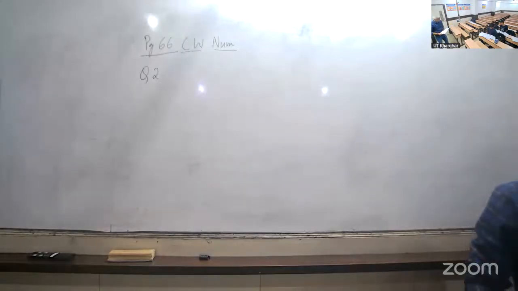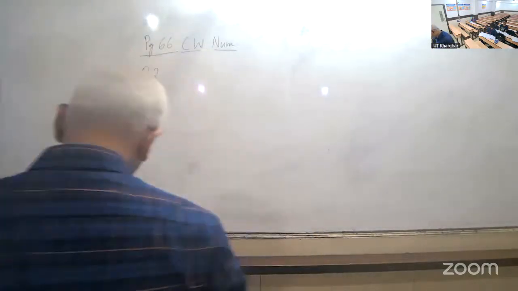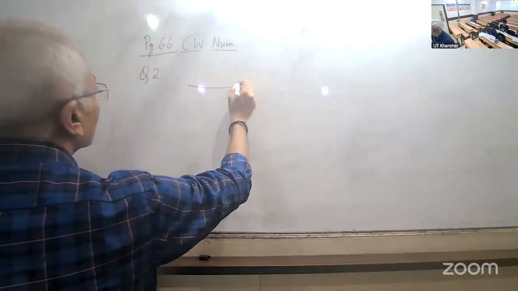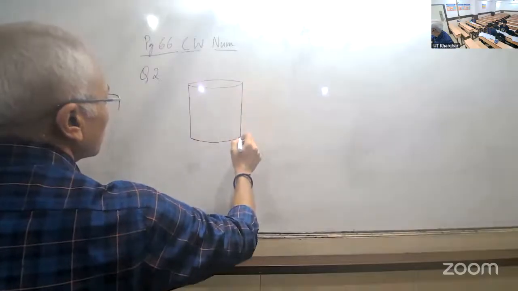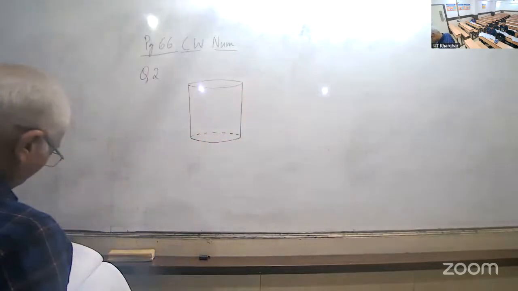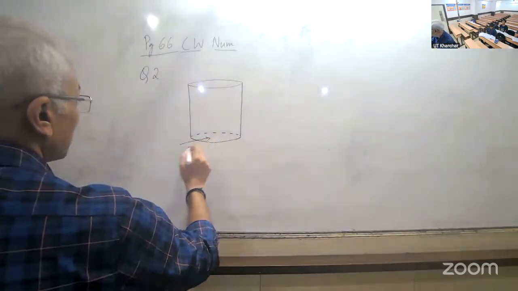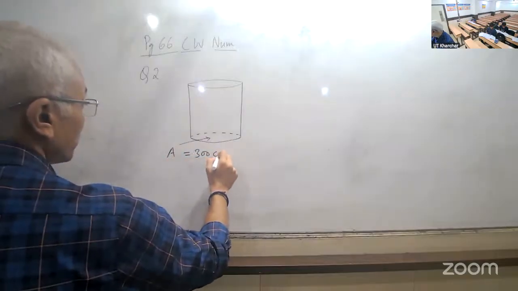So what is given here? We have a cylinder in which water is filled. The area of the base is given as 300 centimeter square.